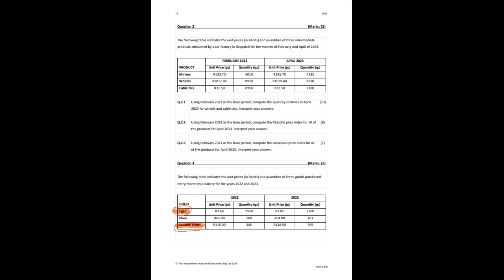All right, then the next one is your Laspeyres. They say to you again, using 2022 as a base year, compute the Laspeyres price index for all of the goods for 2023, so all of the goods, and interpret your answer. Once again, here you're doing this as one fraction.